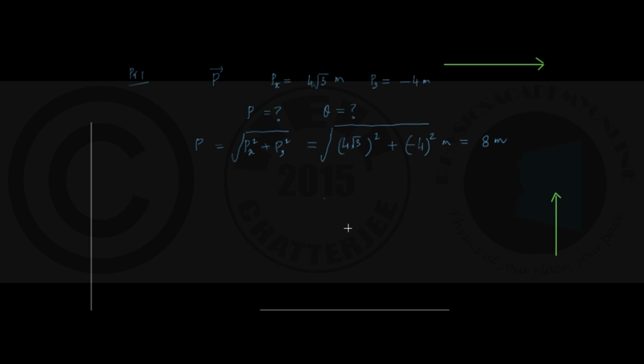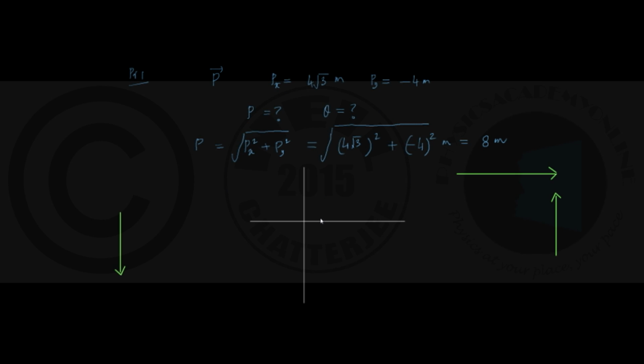And to find out the angle which this P vector is making with the plus x-axis, let us draw a coordinate system. So this is my coordinate system, as you can see, and this is my plus x direction, this is minus x, this is plus y, and this is minus y.